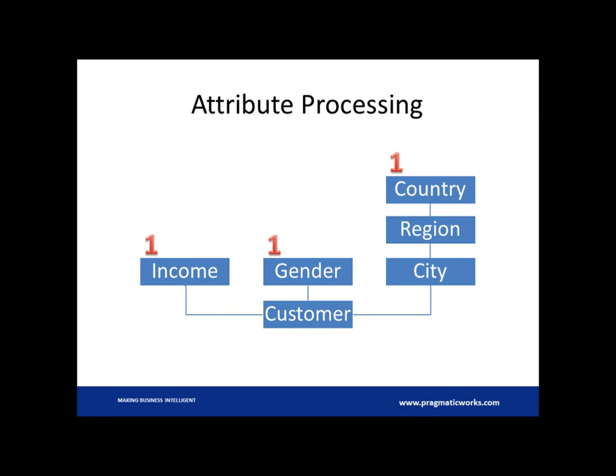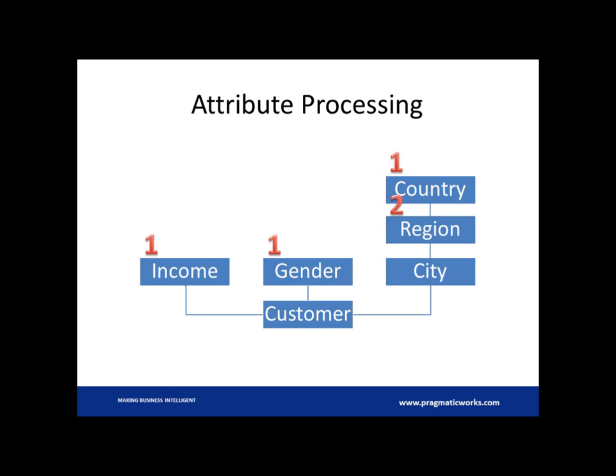It can basically process those in parallel and in isolation from any other attributes. Once that set of attributes is processed, it can then process the next set of attributes that have no dependencies except for the items that have already been processed. So in this case, region is the next attribute that we would see being processed.